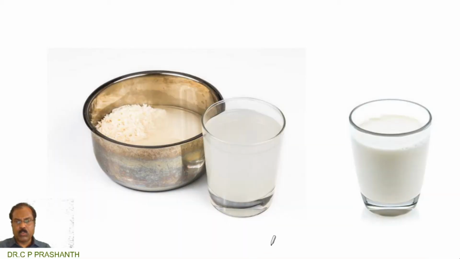Now look at these two mixtures. This is rice water. As you can see, this is when the rice is washed in water. So what you get is rice water.